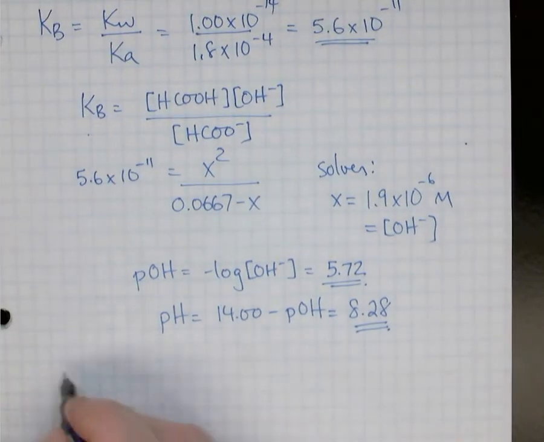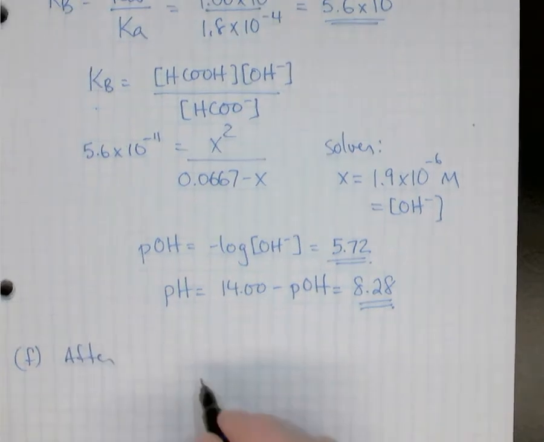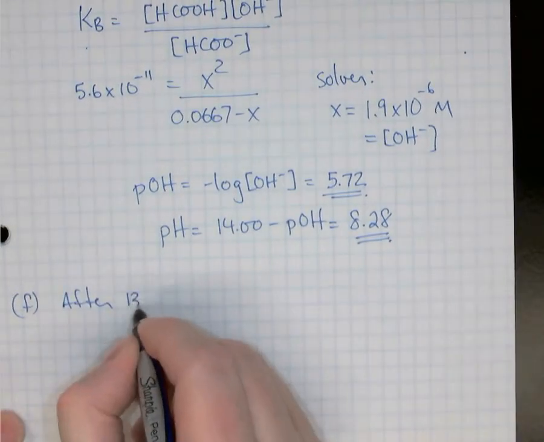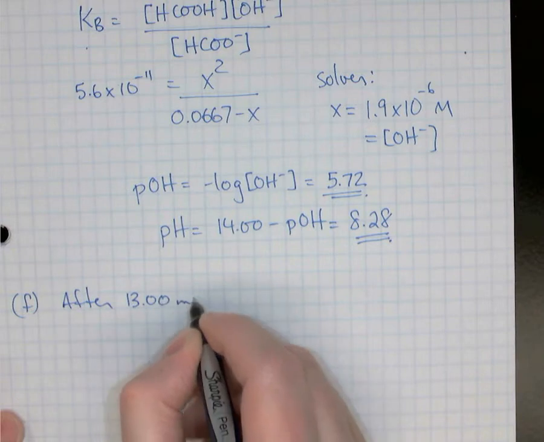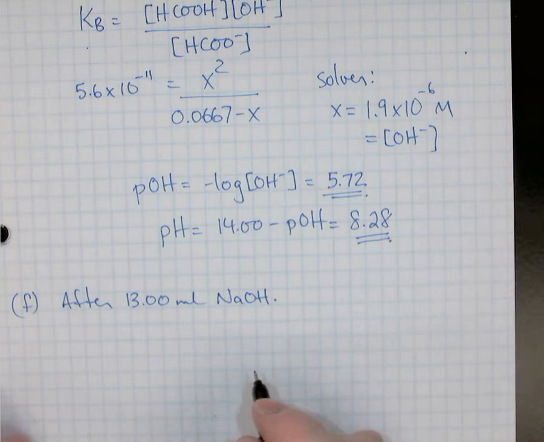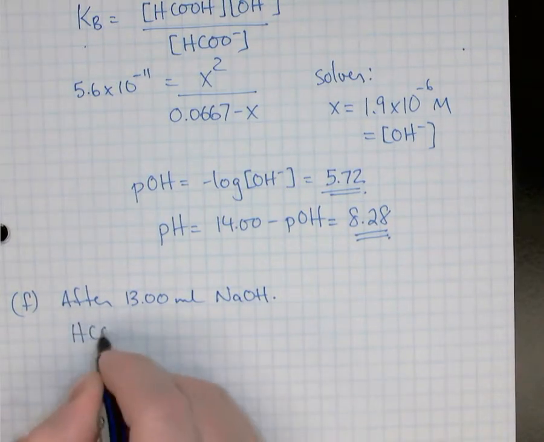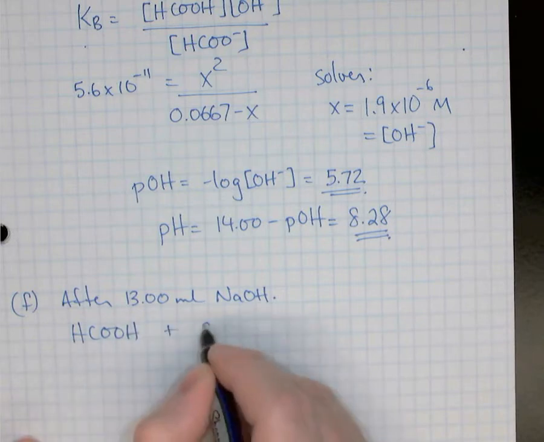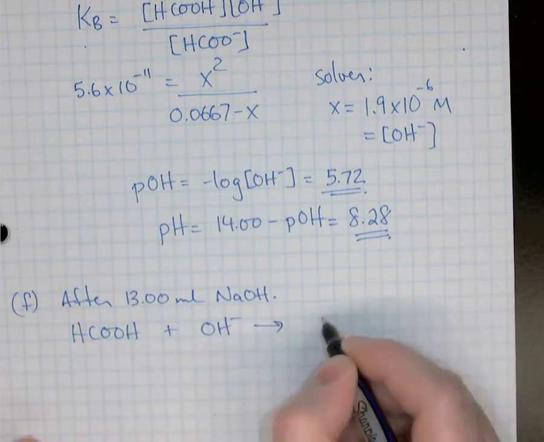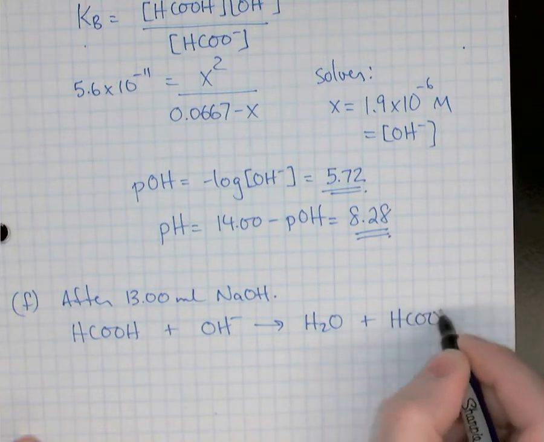So this is part F. After 13 mL of sodium hydroxide, we have the formic acid reacts with our strong base to make water and formate.